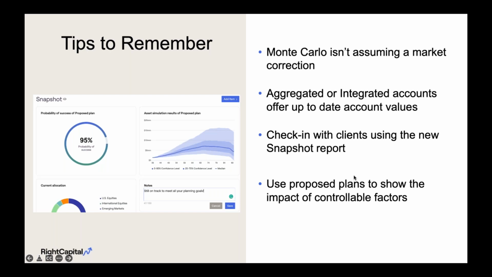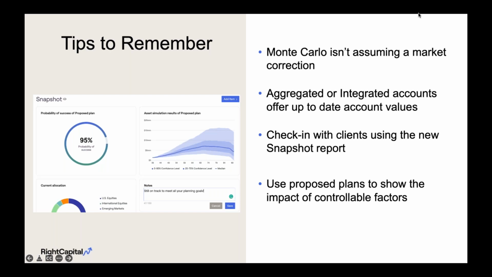If you have actual holdings listed within accounts, and you have actual information for live data feeds on what account balances look like as of today, that is going to be a great way to not only avoid data entry issues, but it's a great way for you to make sure that you're in control, and that you have the most up-to-date information for the clients as they're referencing their balance sheet, as they're referencing their information that's necessary for them to maybe, again, get off that feeling of panic selling and riding out the headlines. So important to note.